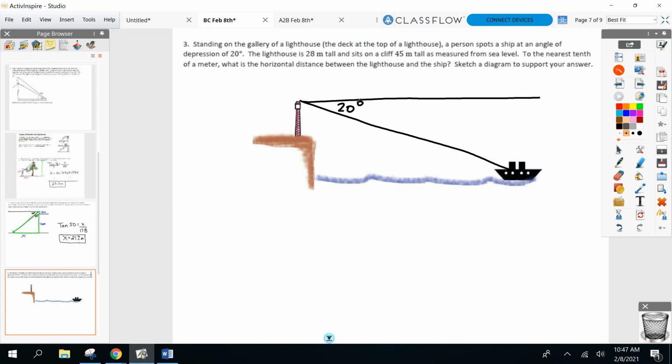Again, not inside the triangle, so you guys are going to have to figure out what you want to do with the 20 to get it inside. But you can at least see your right triangle that you're working with here. The lighthouse, 28 meters tall. The cliff, 45 meters tall.